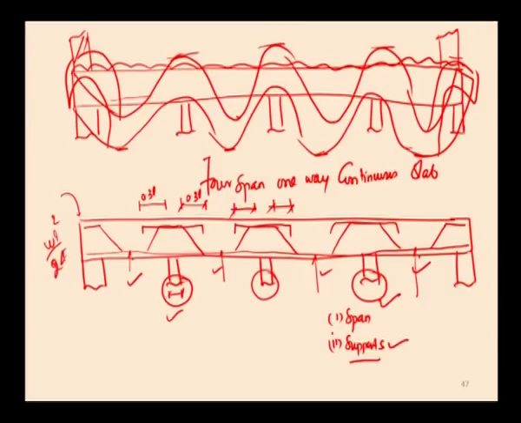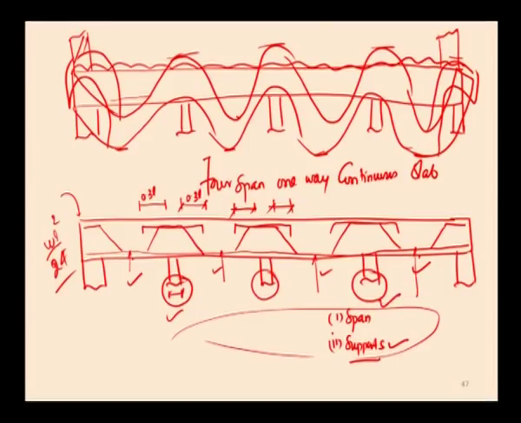The moment normally developed is W L square by 24, which is very small compared to the moments at all other places. That is why only 50% reinforcement can be provided; it is more than enough for resisting this bending moment. No need to provide the extra reinforcement over the end supports.